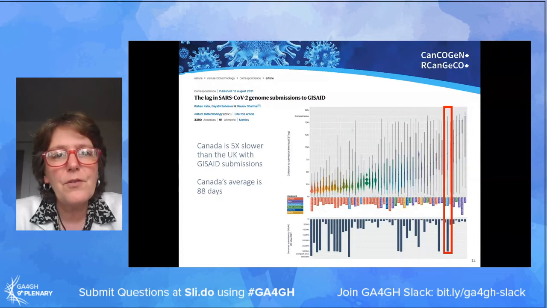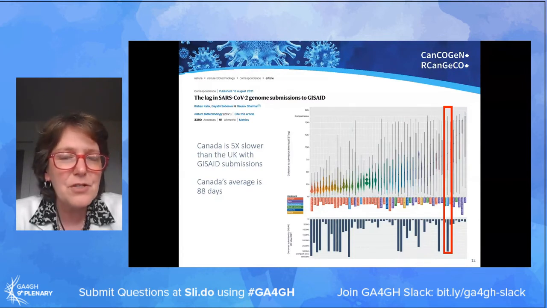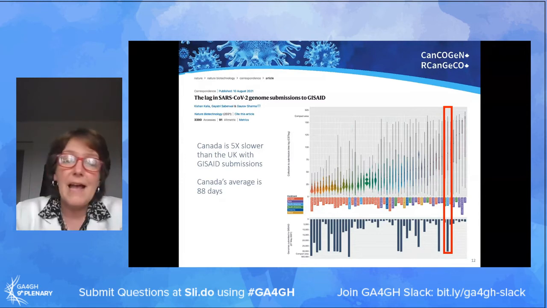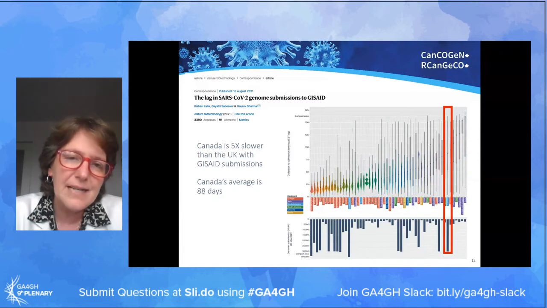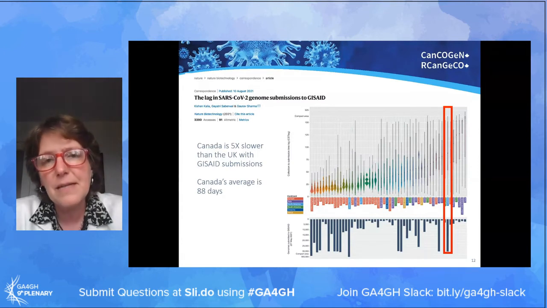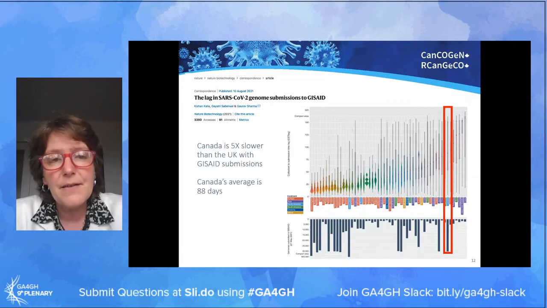Our times for submission were still very slow, 88 days on average for submission to GISAID. We have been working again very, very hard. Our times today are around 30 days on average, and we have regions in the country that are moving as fast as 7 days on average to submit their data to GISAID. So we're clearly moving in the right direction to improve our submission. Next slide.